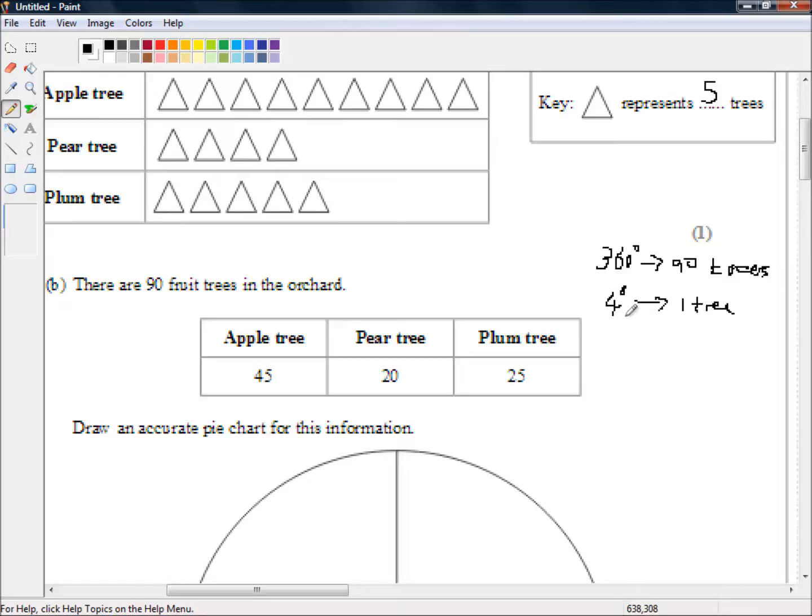So if one tree represents 4 degrees, then 45 apple trees times 4 degrees per tree is equal to 180 degrees. 20 pear trees times 4 degrees per tree is equal to 80 degrees.